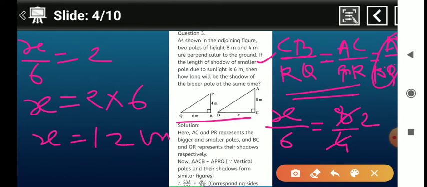Unit is meter. So thus we get BC or X is equal to 12 meter, and that BC is nothing but the shadow of the bigger pole. Therefore the shadow of bigger pole is 12 meters.